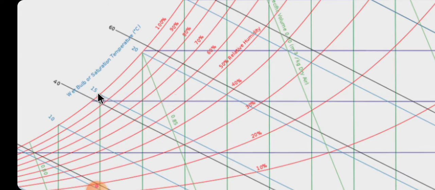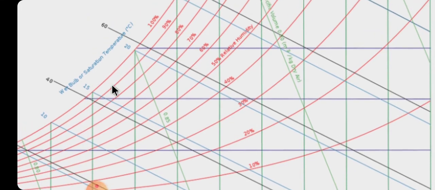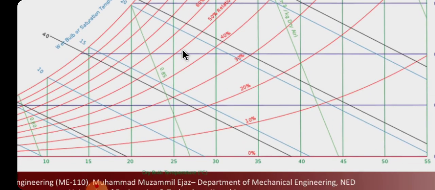Now you can see that we have to cool down air from 35 to 15 degrees centigrade, then again reheat that air to 23 or a more desirable point, you can say 25 or 22, whatever is needed.